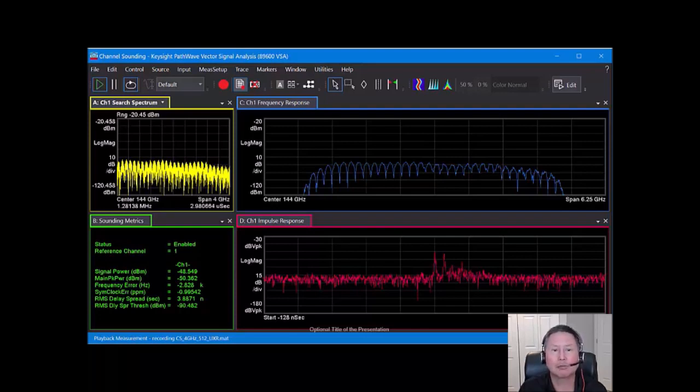But in this case, both reflectors are made of the same materials, so the amplitude differences can probably be attributed to free space loss or to slight beam misalignment. In this impulse response, we can interpret the first peak as the closer reflector and the second highest peak as the second reflector.